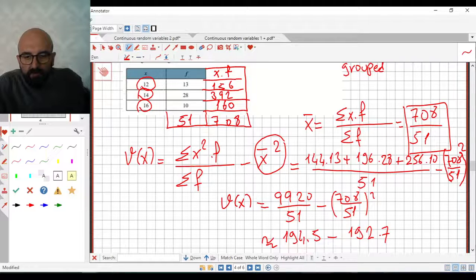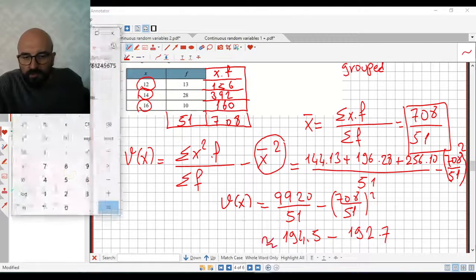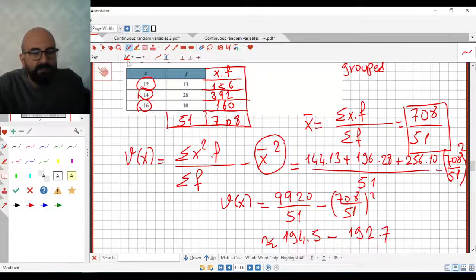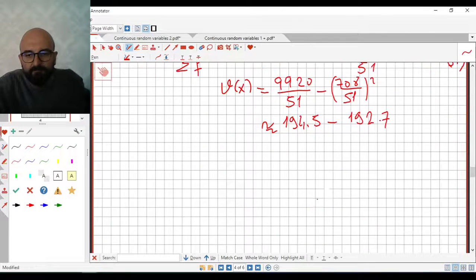The result of this process, 194.5 minus 192.7, becomes 1.8, and our variance is approximately 1.8.